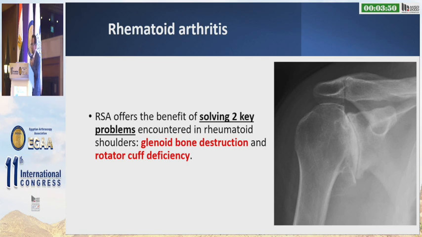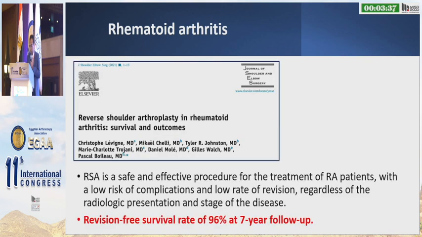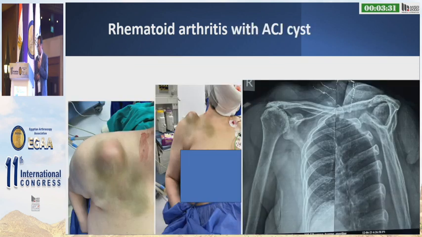Another new indication is rheumatoid arthritis, because reverse shoulder arthroplasty can solve the two key problems of rheumatoid arthritis: glenoid bone destruction as well as rotator cuff deficiency. A systematic review showed a survival rate of up to 96% at 7-year follow-up.